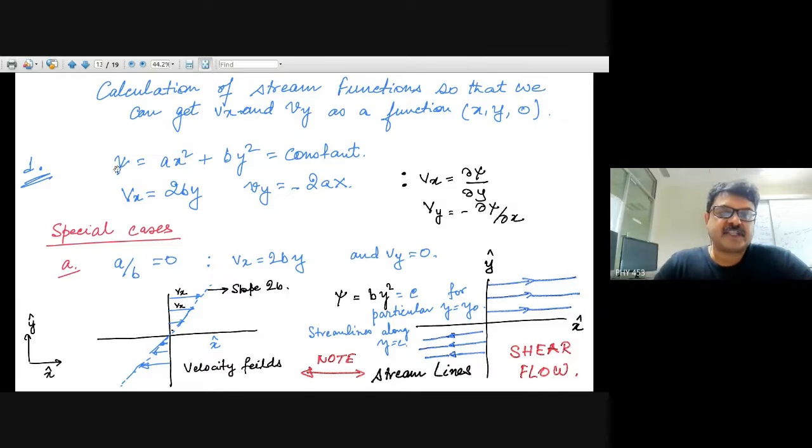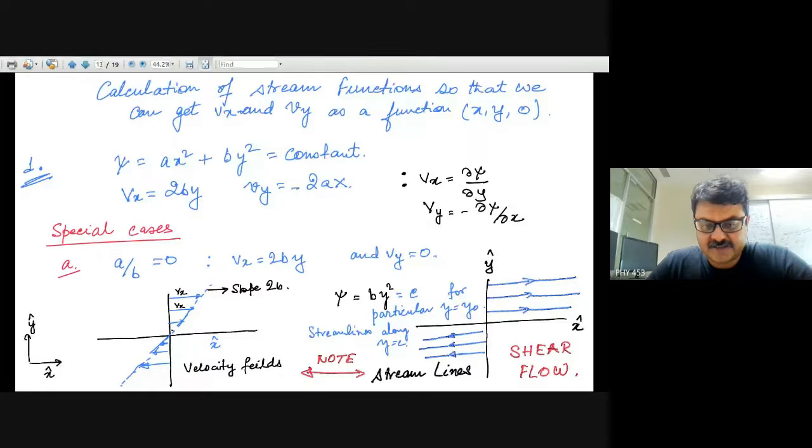If you have psi equal to By squared, then Vx is going to be 2By. So Vx is increasing with y linearly. It depends upon where you choose the origin, and of course you can shift the origin as well. But if you shift the origin to be in the middle of the flow, then in the positive y direction, Vx is in the positive direction, and in the negative y direction, Vx is in the negative direction.